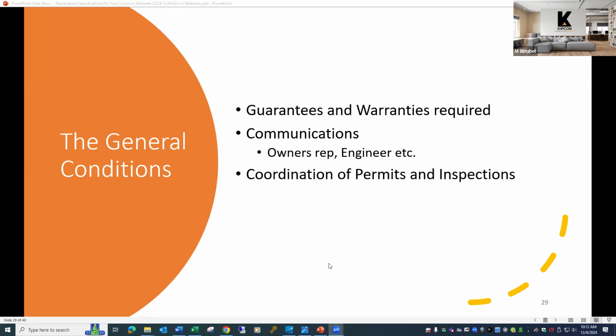There's oftentimes a building permit that's required. So the contractor would need to apply for those permits and be granted those permits before construction can commence, and that would fall to the contractor.